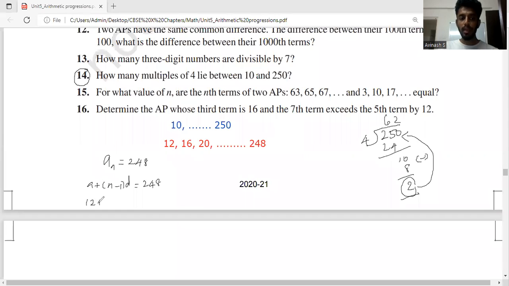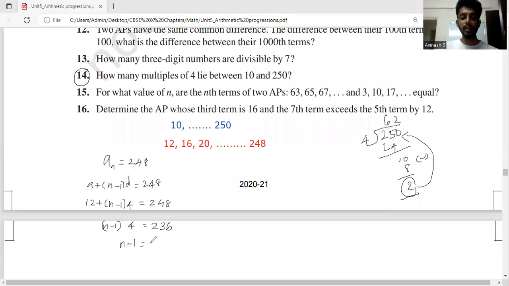A is 12, n minus 1 into the value of common difference is 4. It's very obvious, equals 248, and then n minus 1 into 4 is equal to, so we get this as 236 on subtraction. Did you all get this?